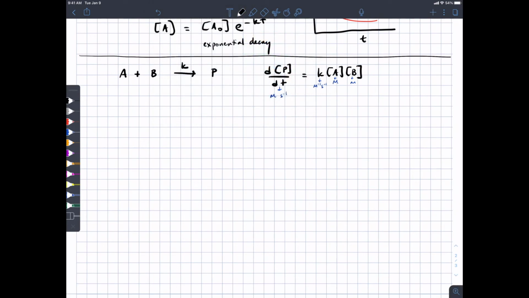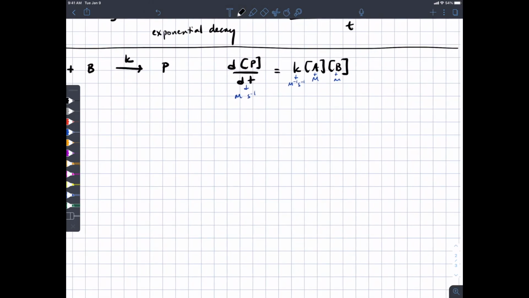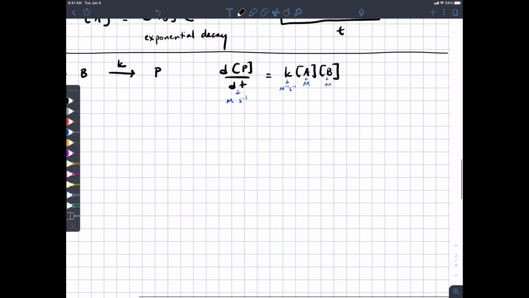Okay, and you can use integral calculus to write an integrated rate law for this equation. I don't actually know how to do that, but I do know what the answer is, and though you shouldn't memorize the answer, it's a useful enough exercise to show you what it is.